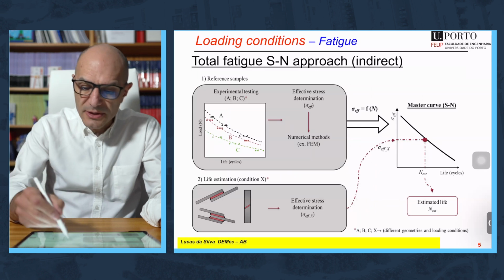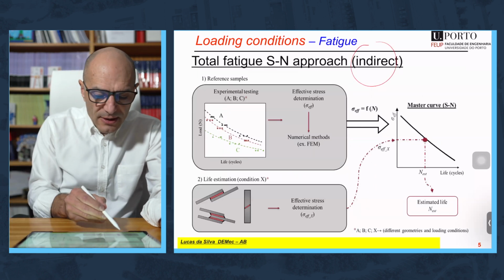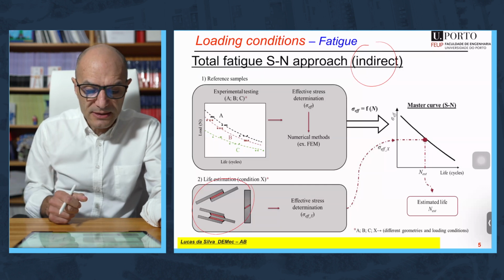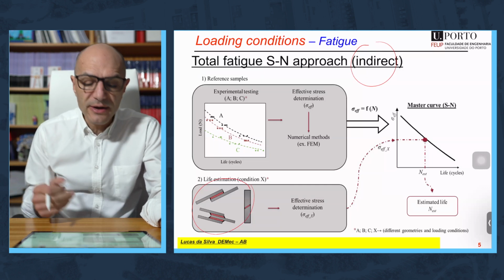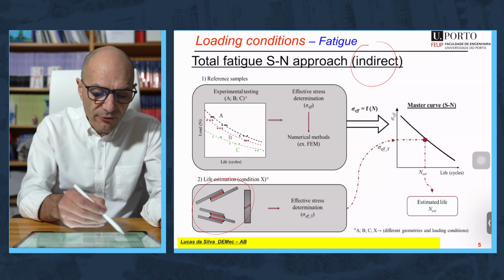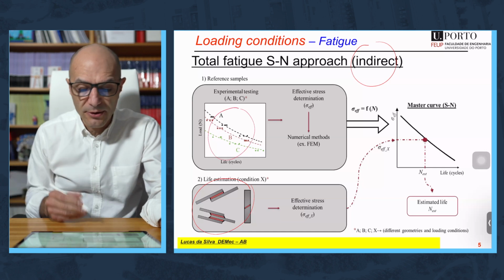The other approach, the indirect one, is to use simpler specimens, laboratory specimens, where the geometry varies, the type of loading varies, and of course we'll have different S-N curves generated.